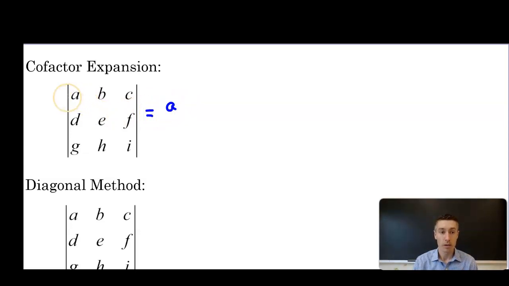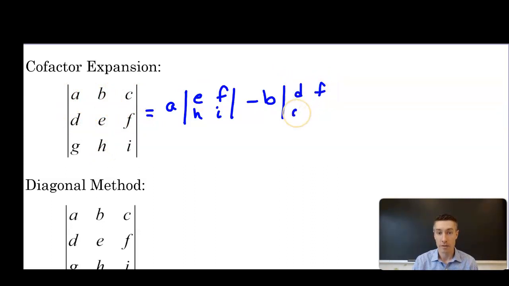A, and if we cover the first row and the first column, what's left right in here is a 2 by 2 matrix, E, F, H, I. And then minus B, so then we cover the first row, second column now, and what's left is a 2 by 2, D, F, G, I. And then plus C, cover the first row, third column, D, E, G, H.